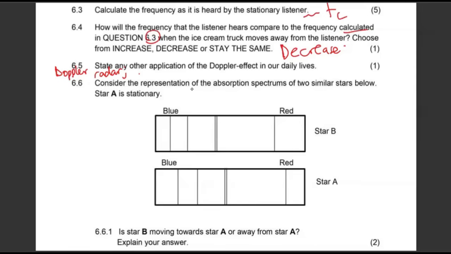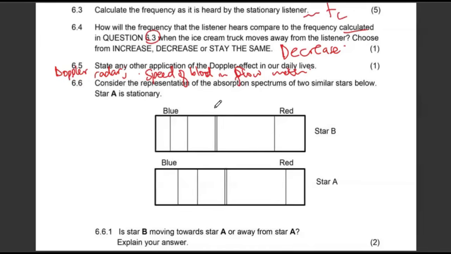We can also measure the speed of blood. We have very many, but the question wanted just one.